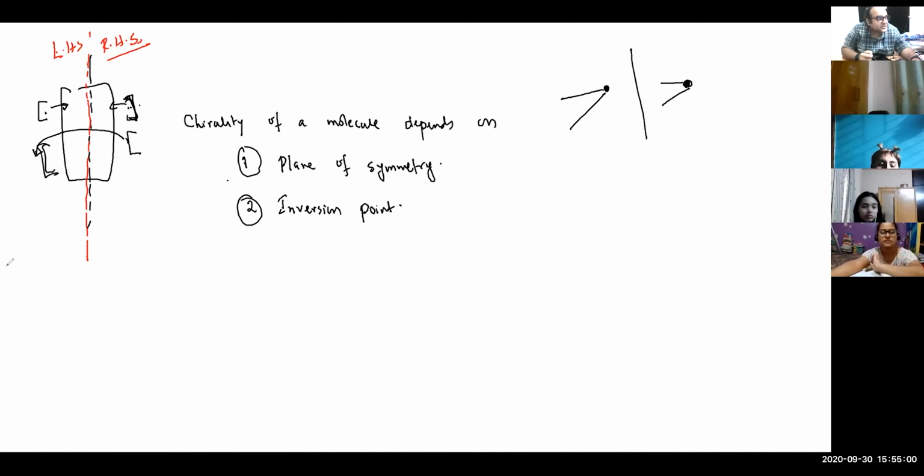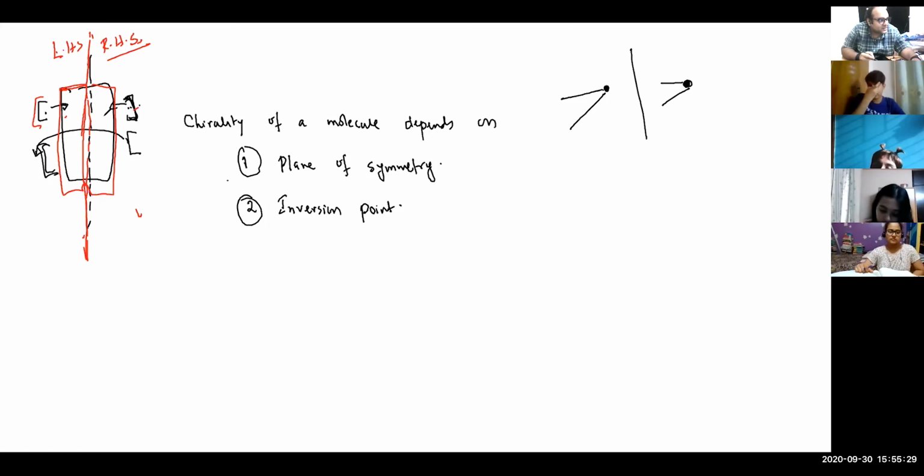Are they the same or different? Same. If you bisect it from the center, whatever is here is also here. So they have a line of symmetry. Since it has a line of symmetry, this is an achiral molecule.